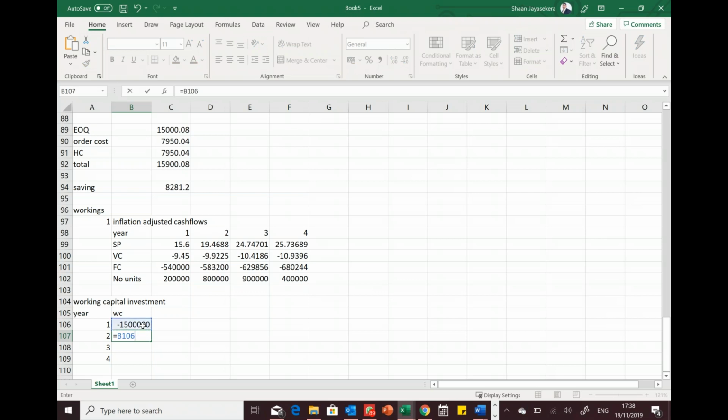So this will be equal to this into 1.06 to the power of, oh, hang on. This working capital I will have to have, this is at today's values, right?